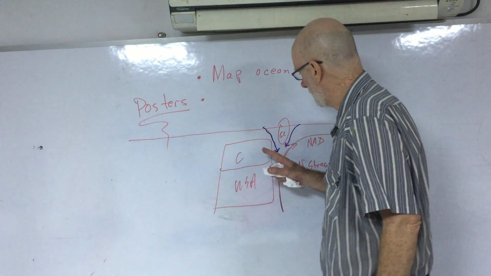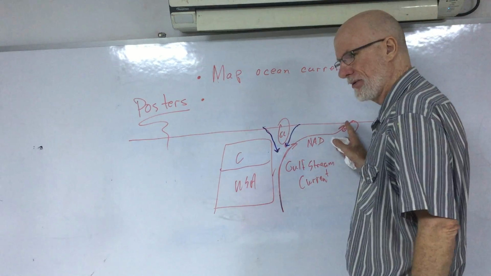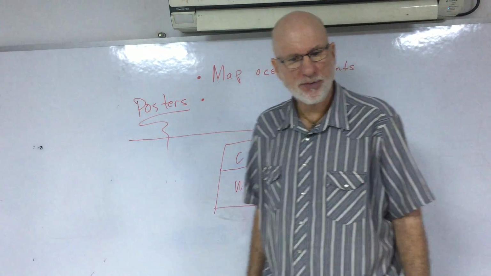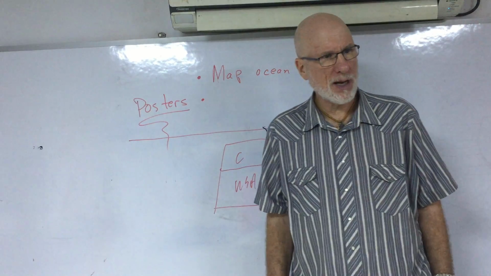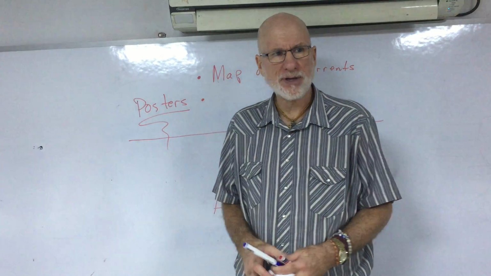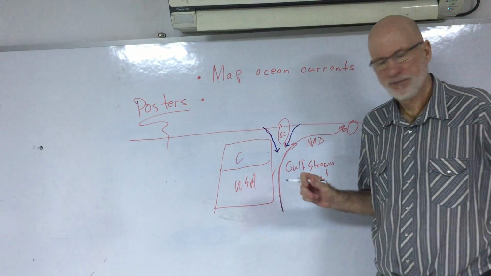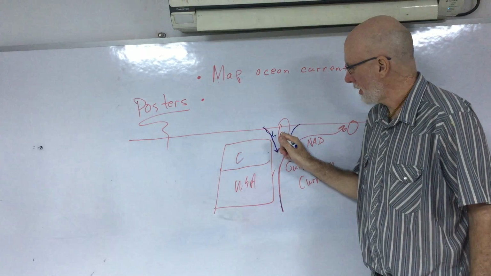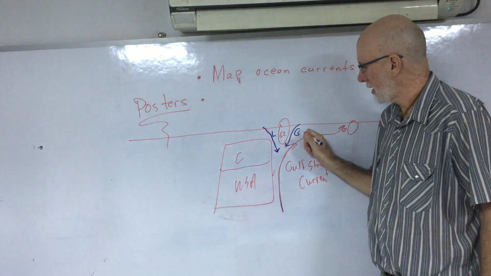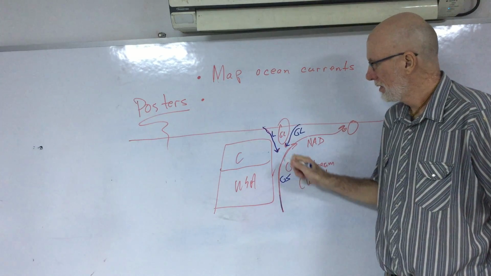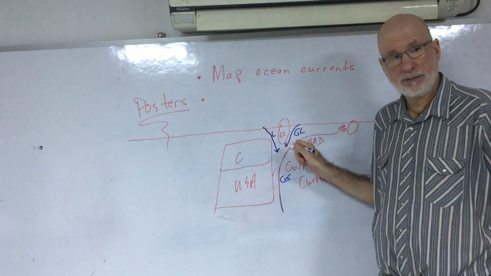It was coming from England. What current do you think probably brought the iceberg? What current? The Labrador current, the Greenland current, or the Gulf Stream? Greenland.